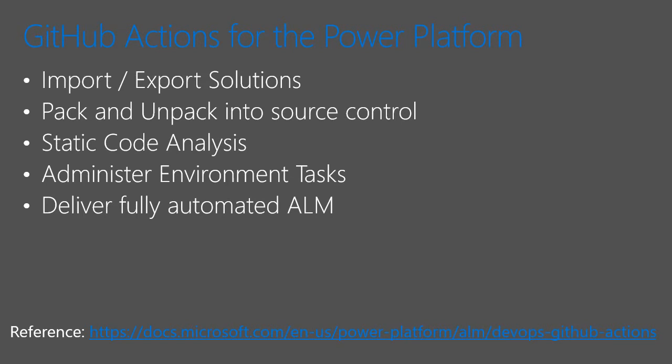So GitHub Actions for the Power Platform. The Power Platform has the ability to package customizations into what we call solutions. Solutions essentially are components that can be moved between environments.